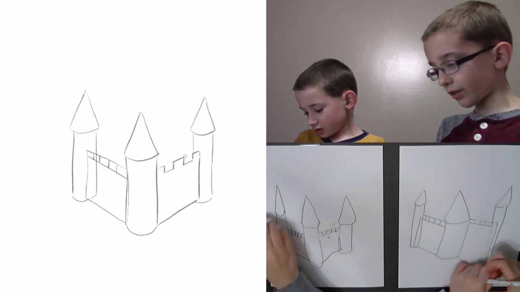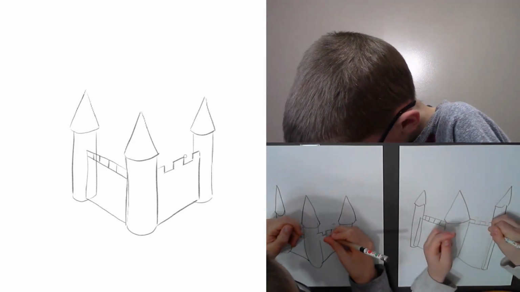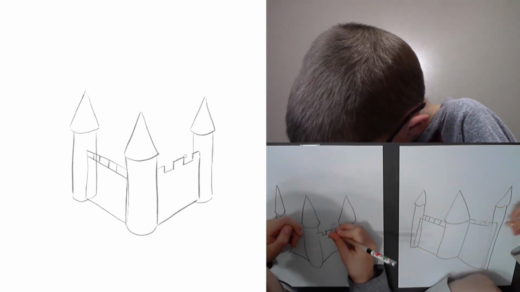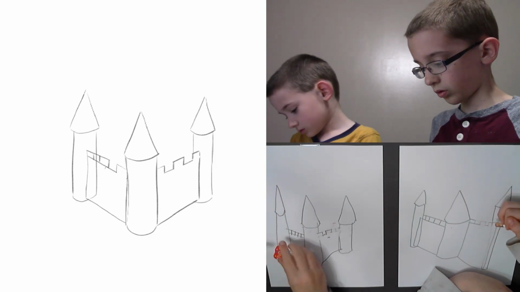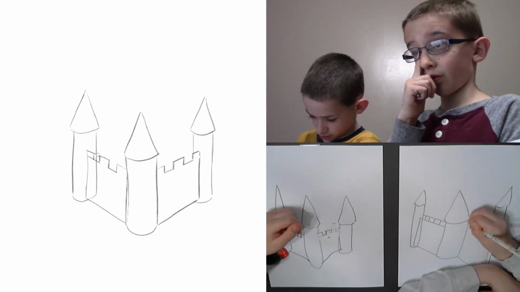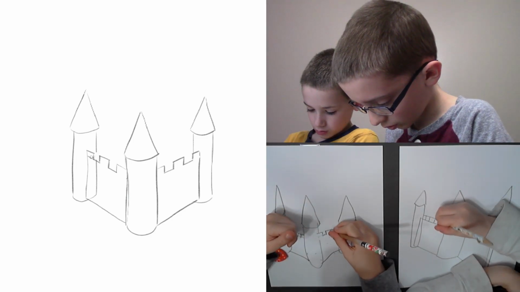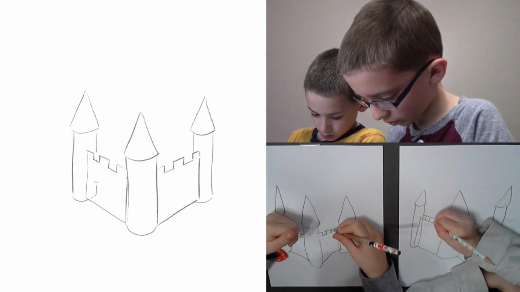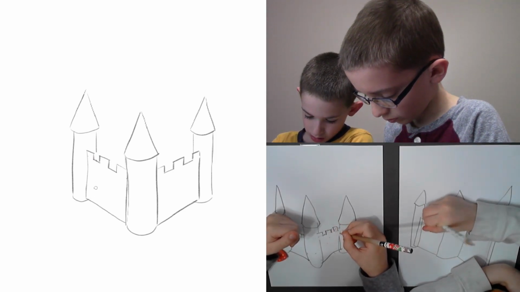Erase a down line and then an up line. So like if you did that one, you'll erase the one you didn't erase. And then you'll erase that. And then you'll erase that. Really good. And then we'll erase that. And then that. And that.